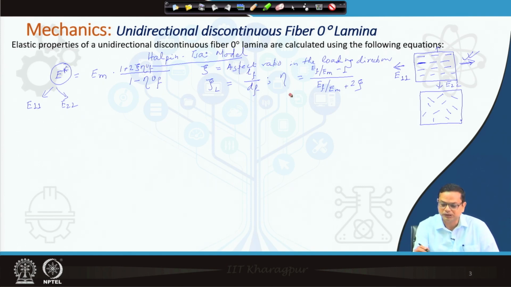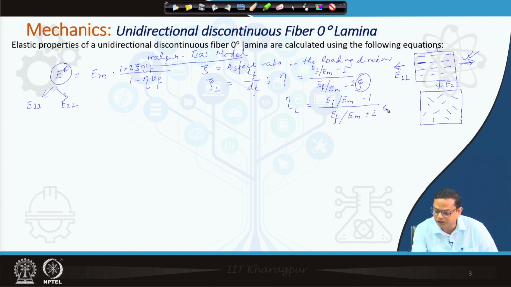Now, when we calculate eta L, because of the change in xi value, it will be (Ef over Em minus 1) over (Ef over Em plus 2 Lf over df).